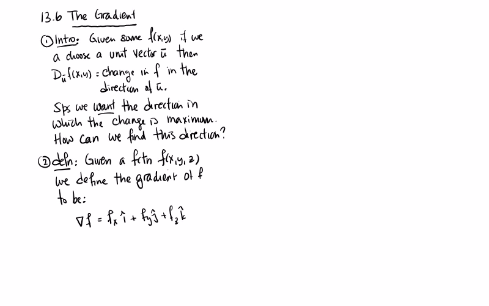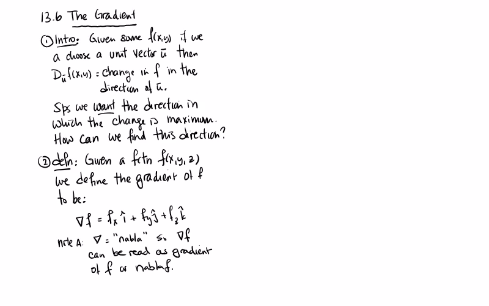So, a couple things to note. Note A is this symbol is read as nabla. So this notation can be read as gradient of f or nabla f.